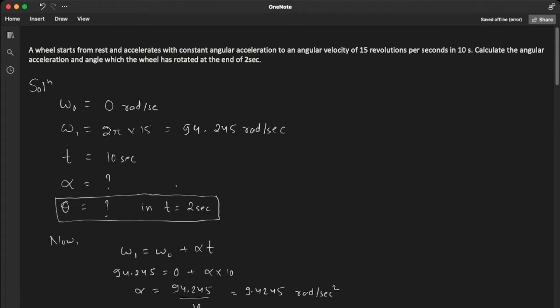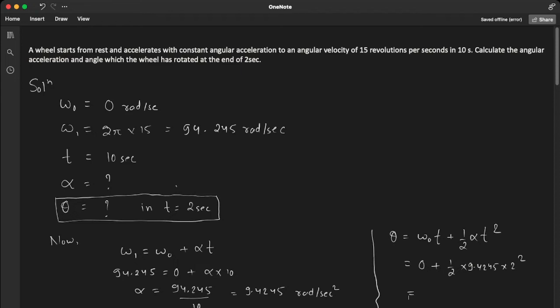Now again, to calculate theta, we will use another formula. Theta is equal to omega naught t plus half alpha t square. That is, angle is equal to initial velocity into time plus half into alpha into t square. For this, we have to take time 2 seconds. 0 plus 1 by 2 into 9.4245 into 2 square.